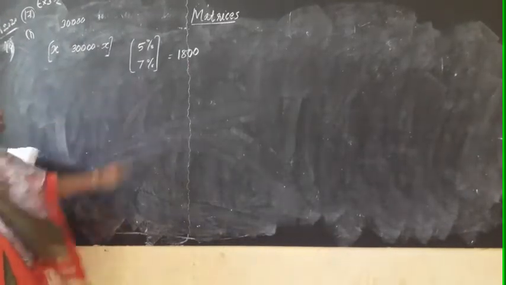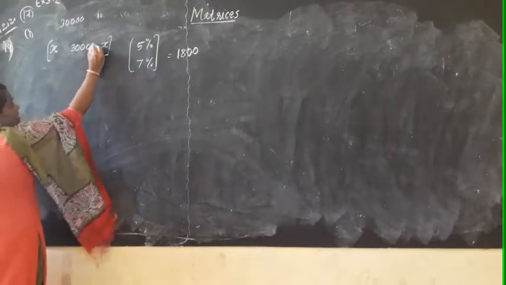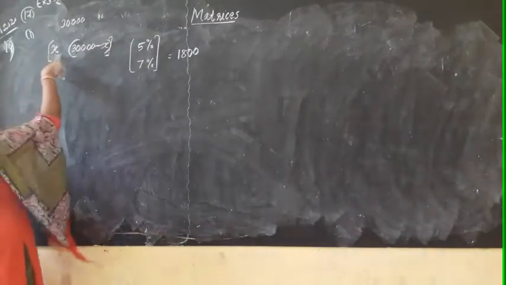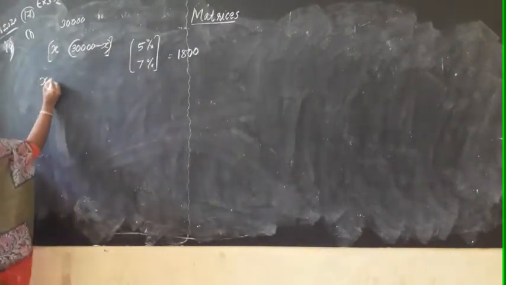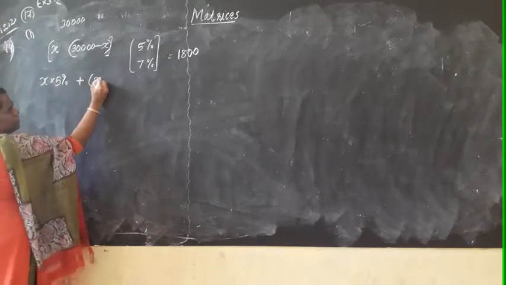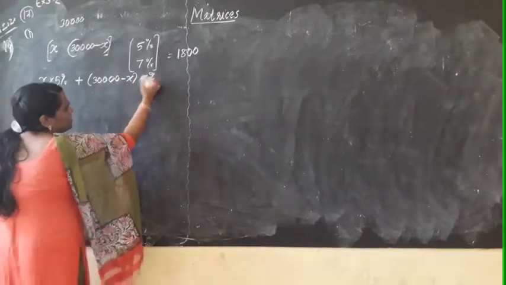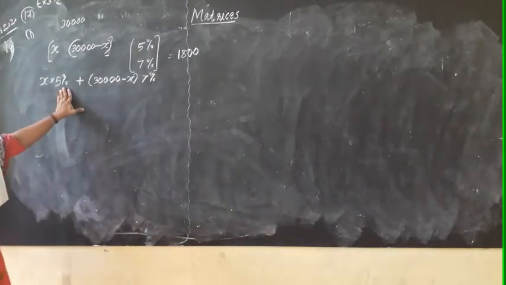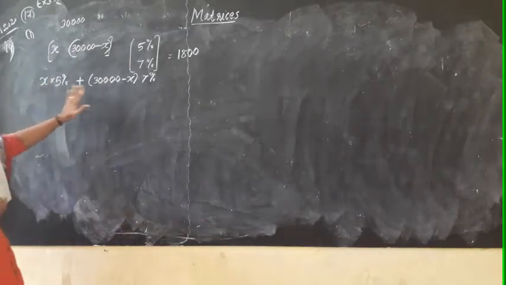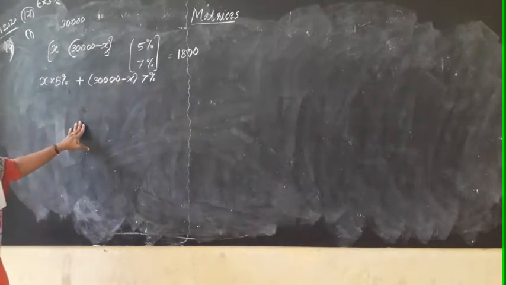So we can multiply this matrices. First element here, x, you multiply by 5%, plus 30,000 minus x into 7%. This is the interest given on the amount x rupees, and this is the interest given on the amount 30,000 minus x rupees.